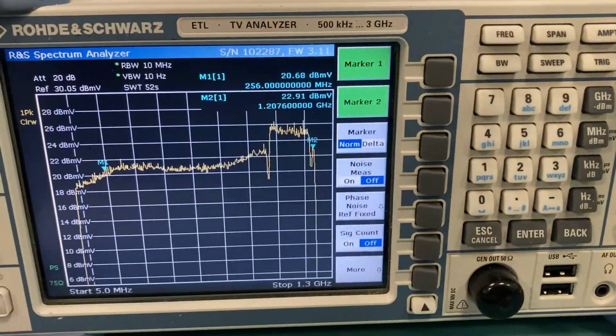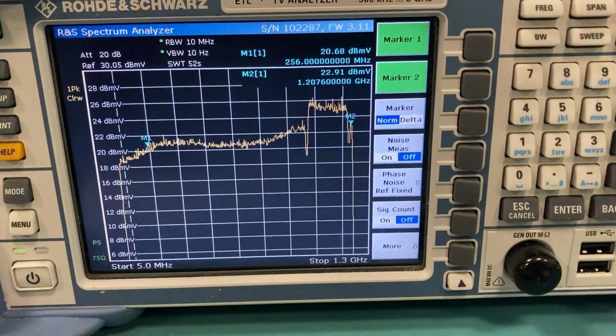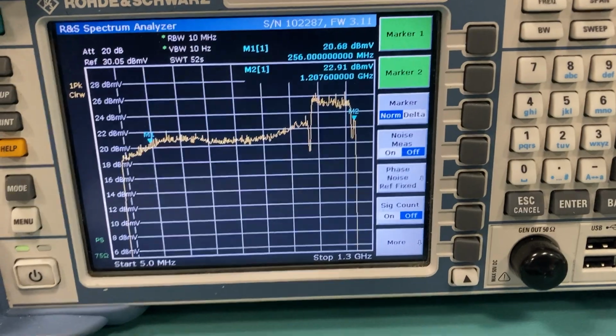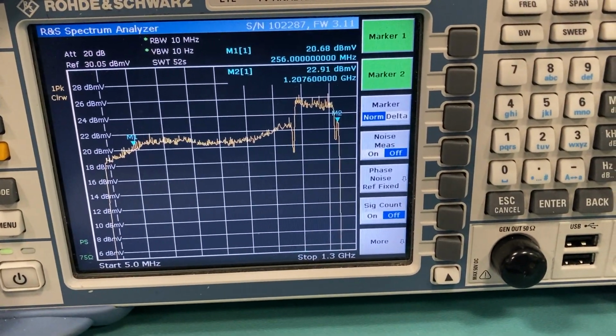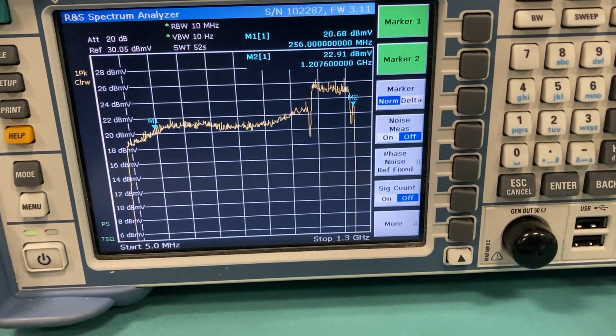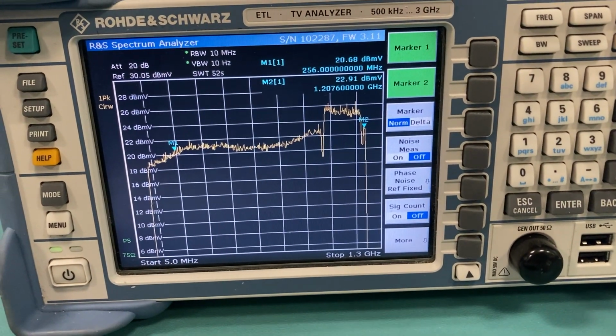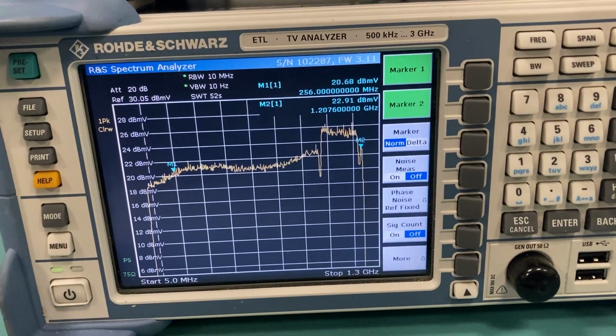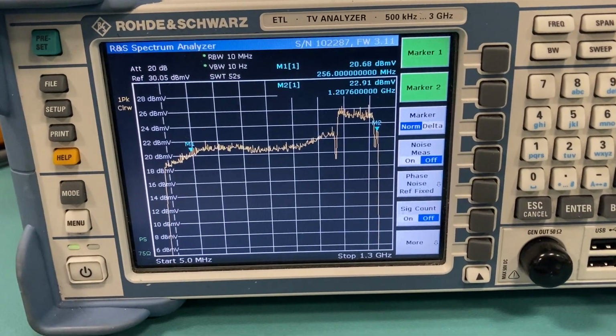So this analyzer is multi-purpose. Basically it's a TV decoder, as well as a spectrum analyzer or a DOCSIS stroke DVB-C decoder. So anyway, at the moment I'm in spectrum analyzer mode.